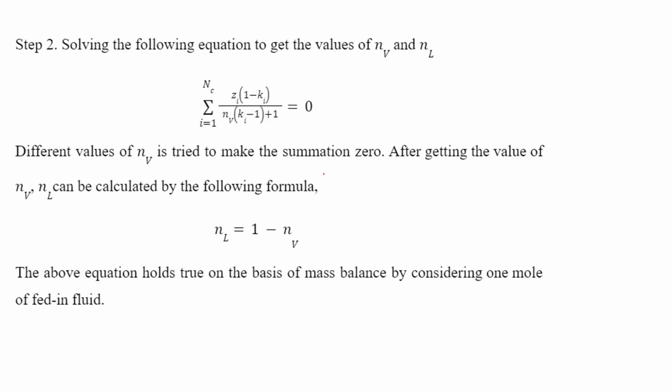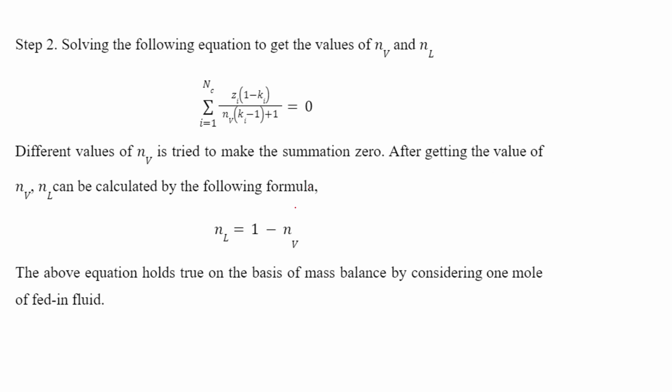The next step is solving the following equation to get the values of Nv and Nl. If we consider the total number of moles equal to 1, from that we can get the mole fractions more easily. So the number of moles in the vapor phase and the number of moles in the liquid phase will be equal to 1.